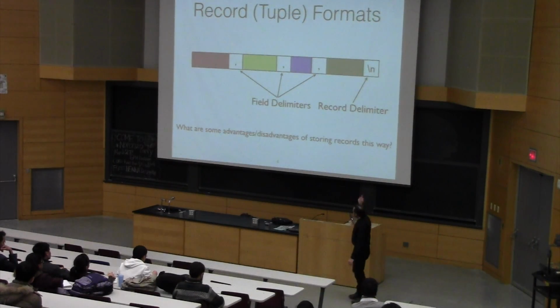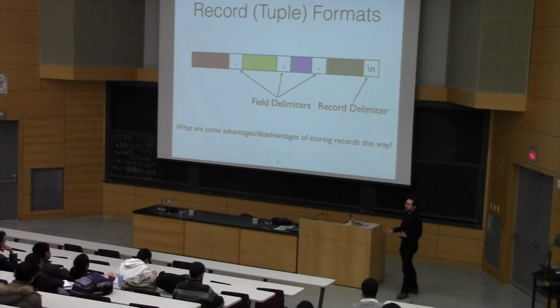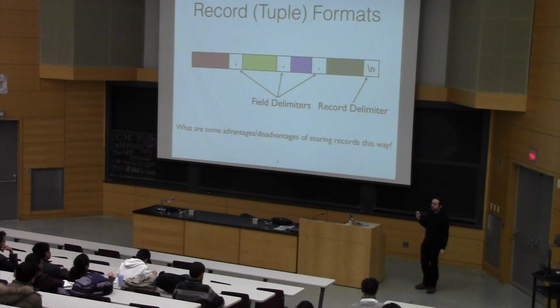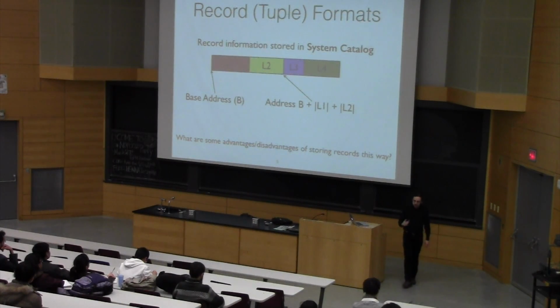So even more simply, even if I just have this record laid out on disk, and I know exactly how big each value is, you can do something almost exactly similar. If I know where the tuple starts, and I know how big each field of the tuple is, I know exactly where to look for a particular field.